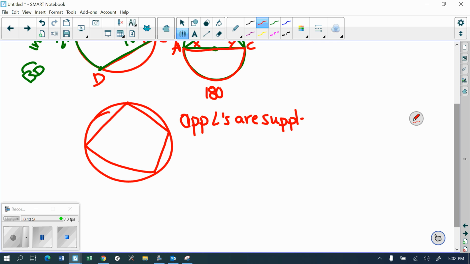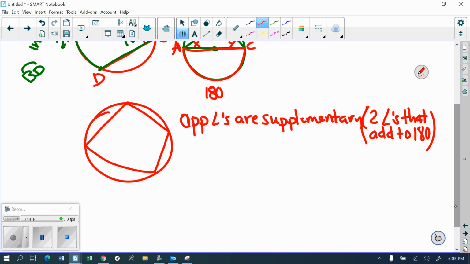And you should know from semester 1 that supplementary means two angles that add to 180, not that equal 180, that add to 180. So if this is 70 degrees, this is 110 degrees.